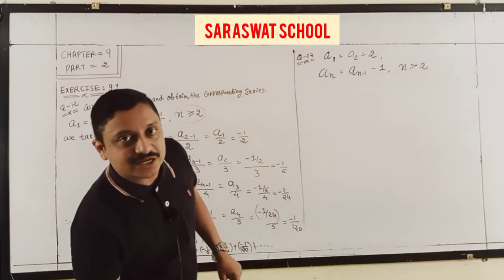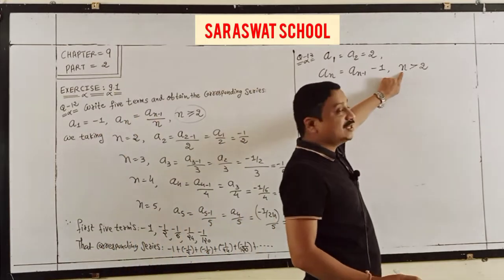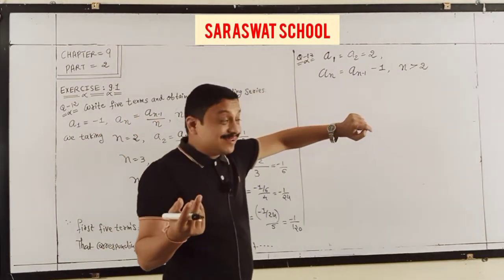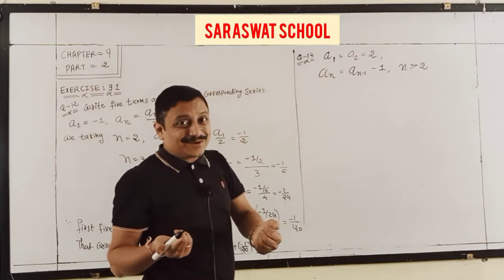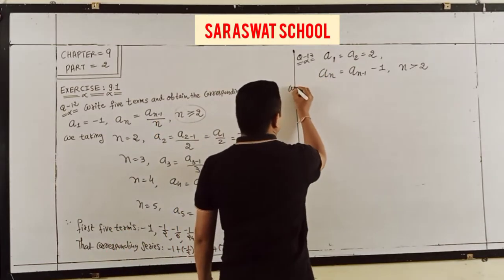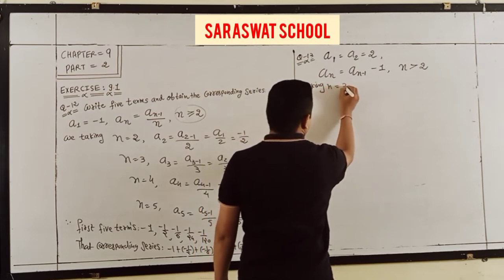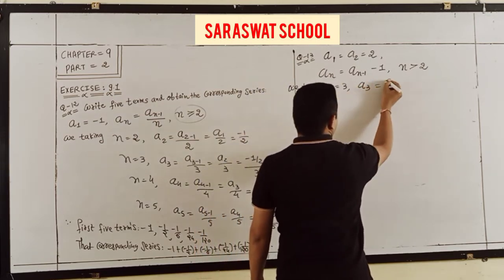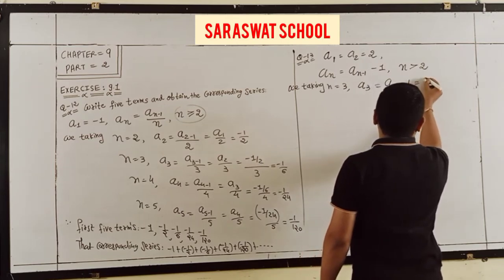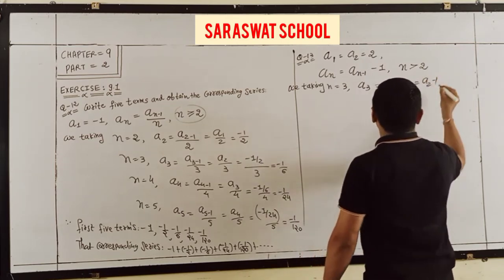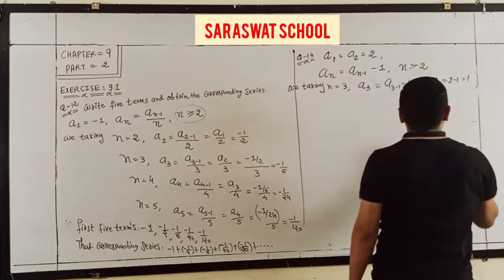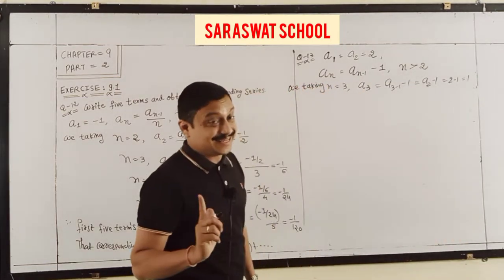Here also students, the condition n greater than 2 means you apply 3, because a1 and a2 are already given. So we take n as 3, so a3 is a2 minus 1, and a2 is what? 2, so 2 minus 1, it is exactly 1.